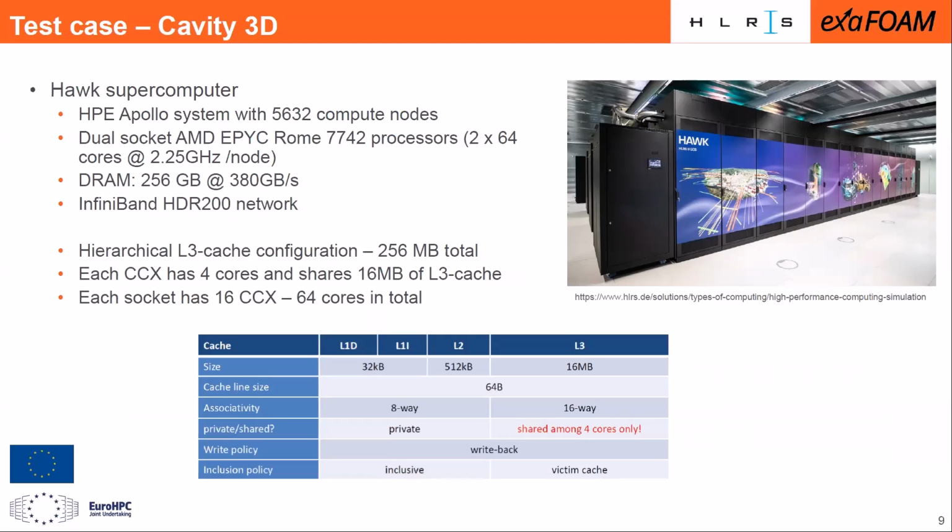We have a very large amount of L3 cache in this system compared to prior systems. These chips are divided into what AMD calls CCX, and every 4 cores share an L3 cache of 16 megabytes. Each socket has 16 CCX. Then it's like we have a cluster in a socket. Every socket is composed of different clusters of 4 processors with this L3 cache shared between them.